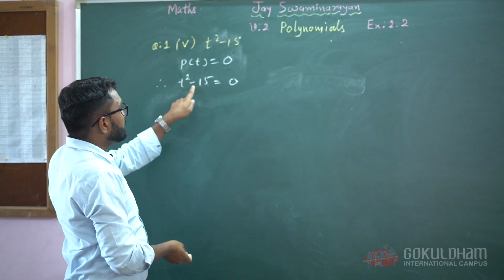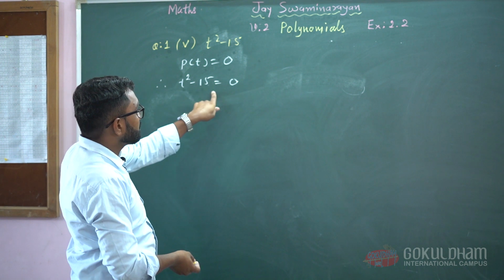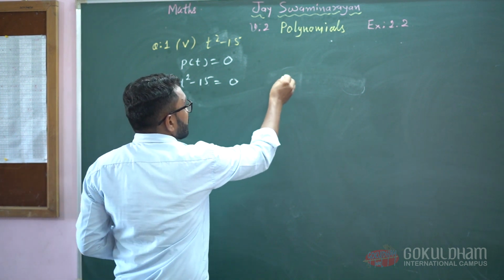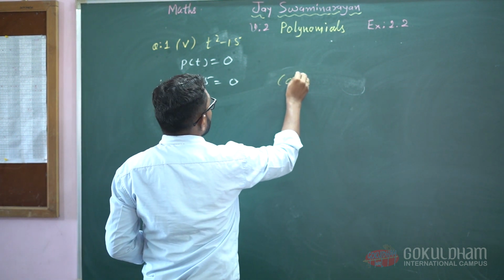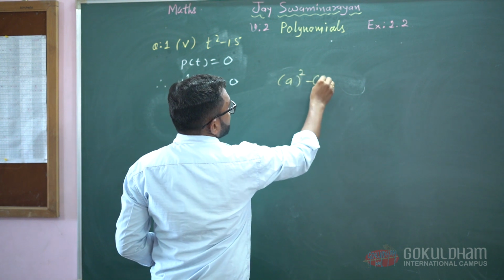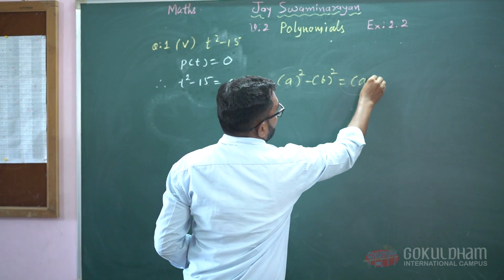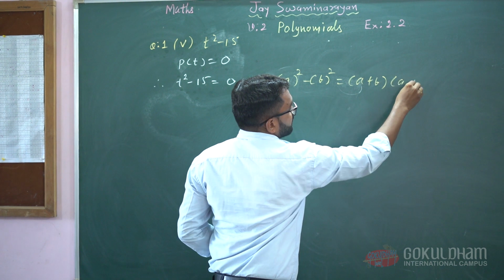Now factorize t square minus 15. We know that a square minus b square equals a plus b times a minus b.